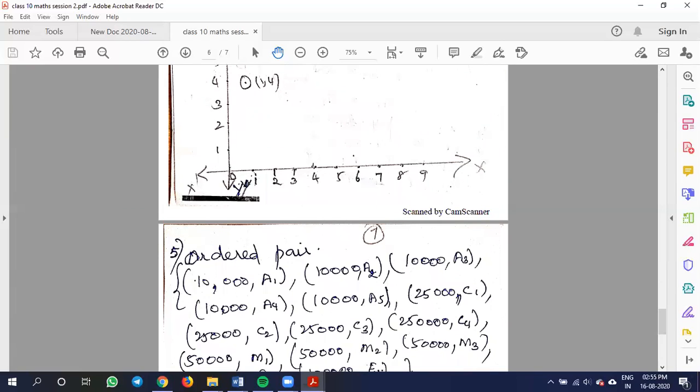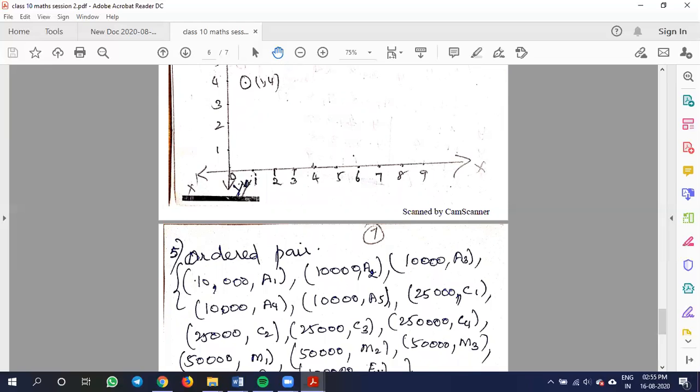The company provides 10,000 rupees for the assistant, 25,000 for the clerk, 50,000 for the manager, and 1 lakh for the executives.